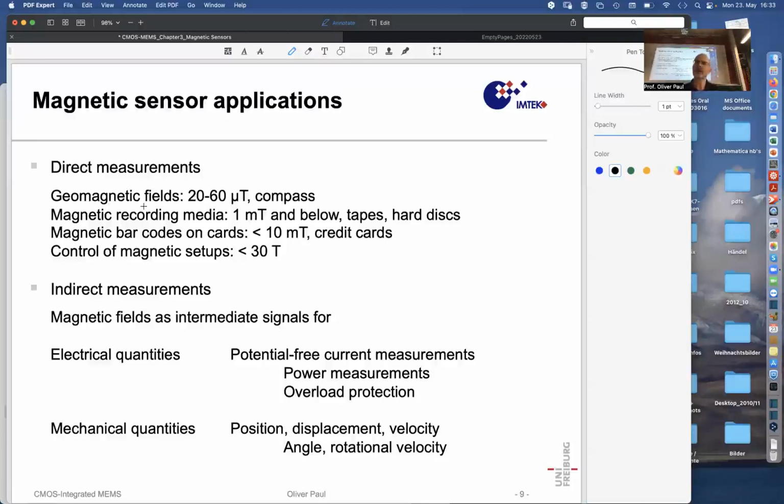Not so much, because the magnets with which you live, these little magnets that you put on your fridge to fix a little piece of paper, those have half a Tesla or a Tesla. It's not micro, it's full Tesla. And if you put two of those together, they're sometimes difficult to separate, at least the stronger ones. Technical magnets can be made so strong that you have really difficulties in separating them.